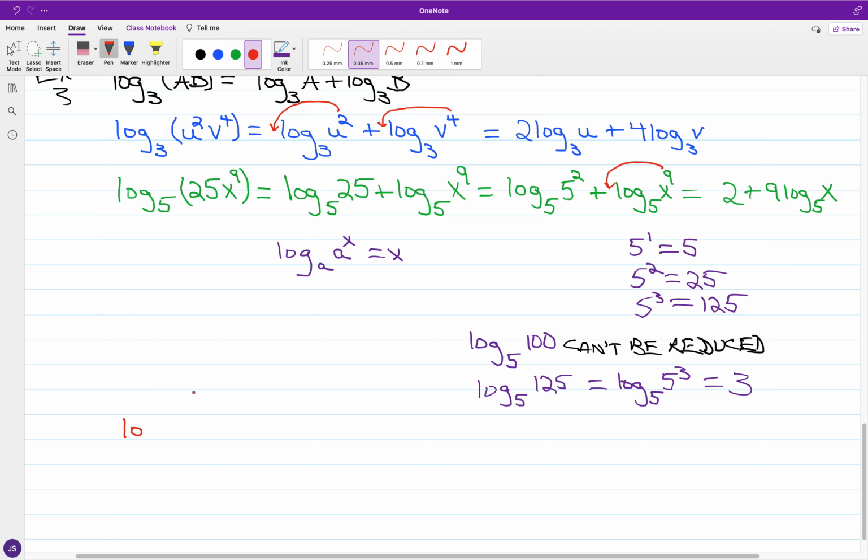Now let's say we have a case where we have division involved. Here's another item where we have reduction. Say we have the base 2 logarithm of 4 all over b to the third.